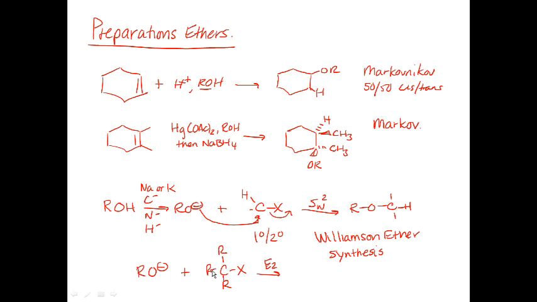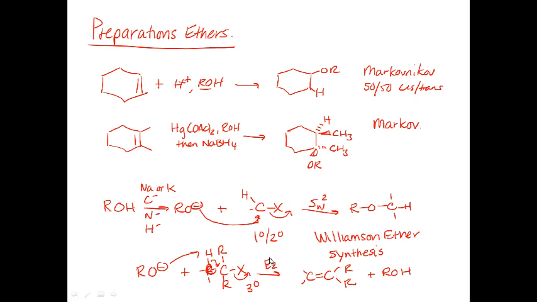If one of these R groups was a carbon with an H on it, then we would deprotonate that beta hydrogen, and then we would form our carbon-carbon double bond and form our alcohol. So with a tertiary halide, we have E2 occur. With primaries and secondaries, we can get these reactions to go by SN2, which is called the Williamson ether synthesis.